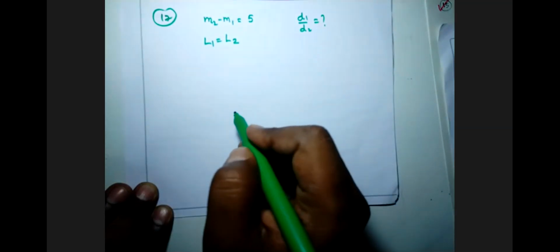Given that M2 minus M1, the apparent magnitudes differ by a factor of 5. You are asked to find the ratio of their distances D1 by D2 if they are radiating at the same rate. Luminosities are L1 is equal to L2.